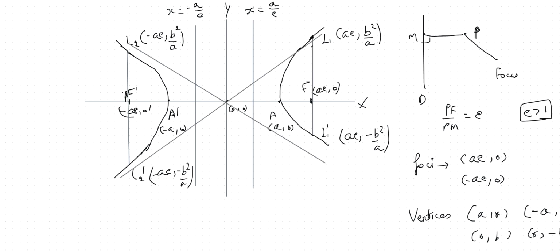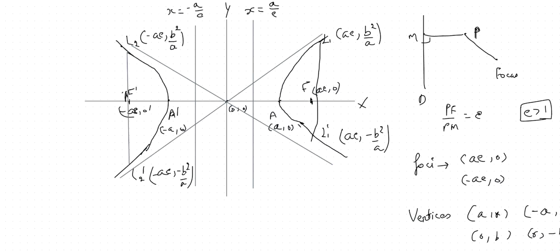So in fact, I think the better way to draw the hyperbola is to first draw its asymptotes. Only after drawing the asymptotes, you can draw the hyperbola like this. And this is your latus rectum.